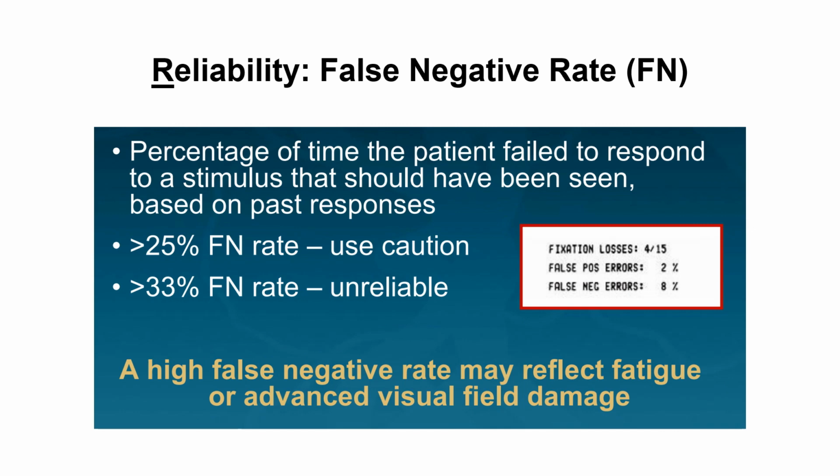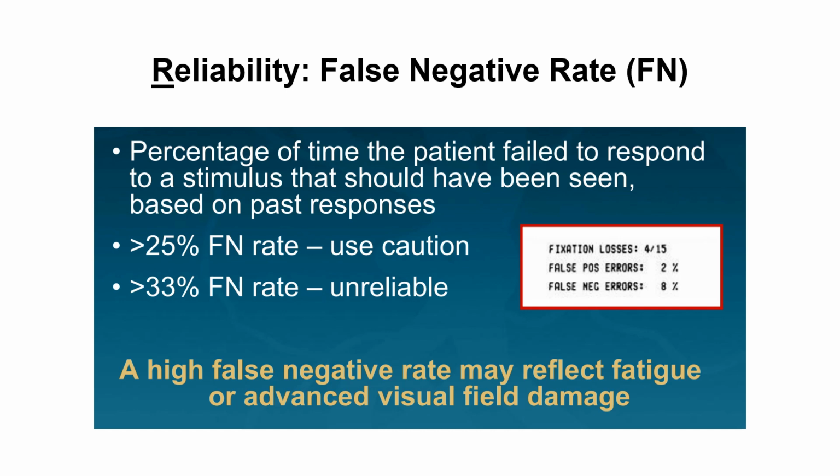Coming to the second one, which is the false negative rate, the second reliability index, which is the percentage of time that the patient failed to respond to a stimulus that should have been seen based on past responses. So the false negative, basically, is a negative response to a stimulus brighter than the threshold stimulus in previously tested points.